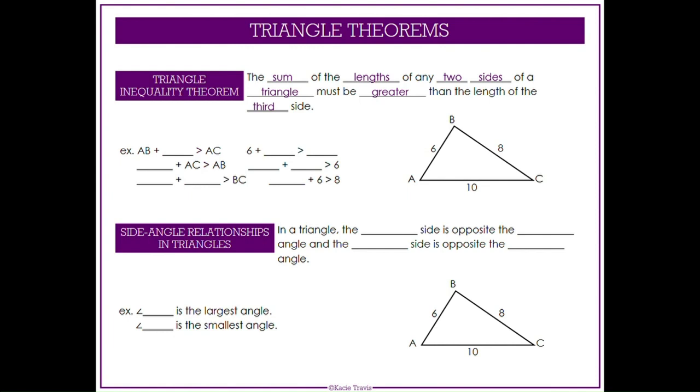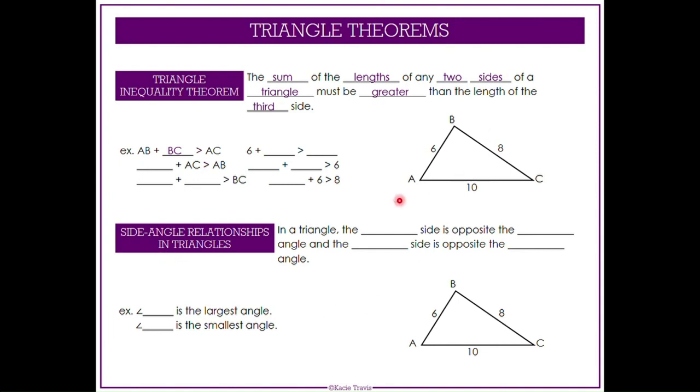Essentially, if you add any two sides together on a triangle, they have to be greater than the side that you didn't add. It has to always work. If it doesn't work for each of the combinations you can make, then it is not a triangle. For our example, we're checking to see if AB plus BC on this triangle over here on the right is greater than AC.